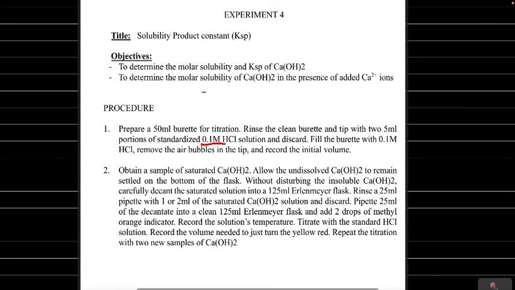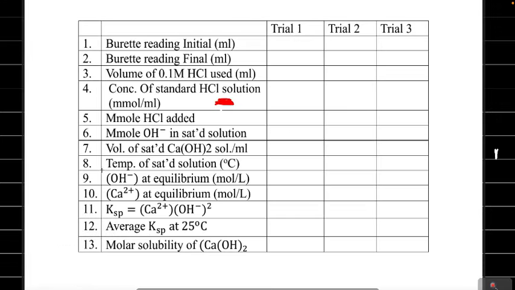But recall that molar is mole per liter. Don't forget that. Here they said concentration in millimole per ml. You don't have to worry yourself, I'll put us through.